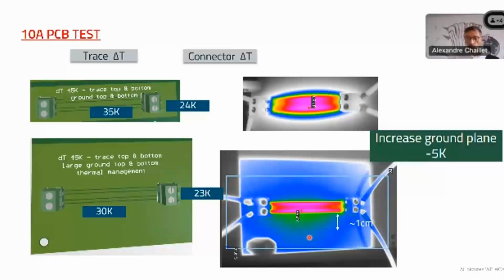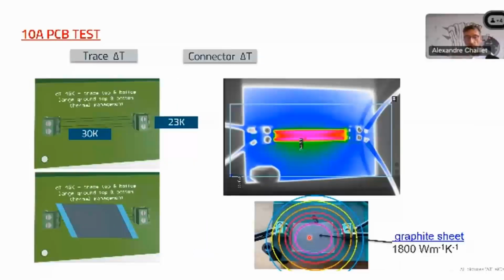But there is one way to increase the thermal dissipation with a big ground layer or with a metal box around. This is a thermal management interface that we have in our catalog, and in that case, this is a graphite sheet. If you remember, I said that the copper thermal conductivity is 400 watts per meter per Kelvin.